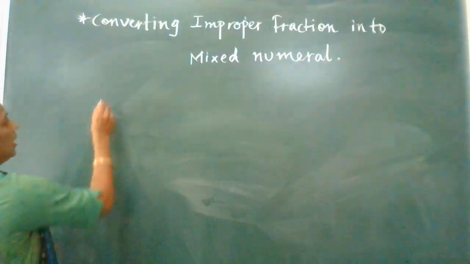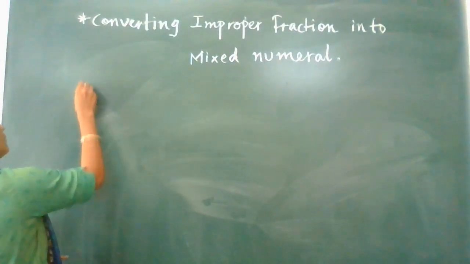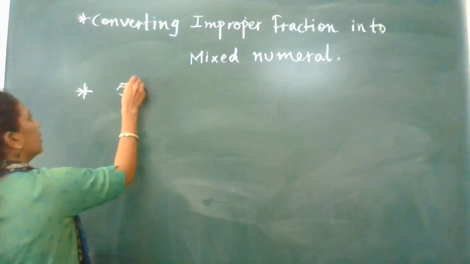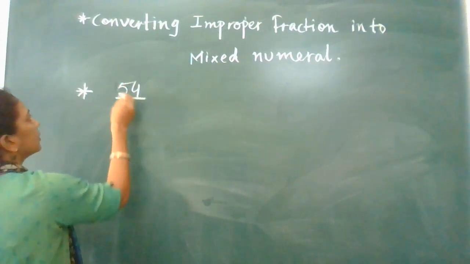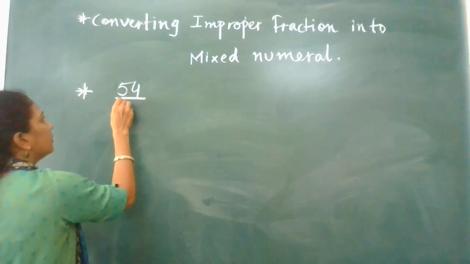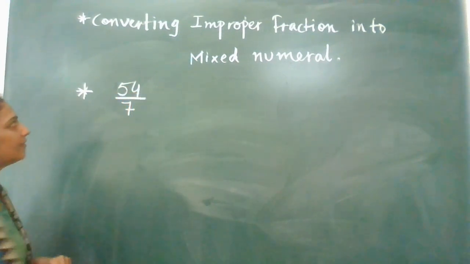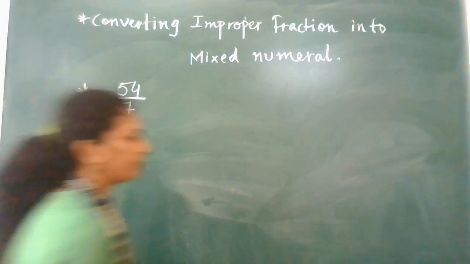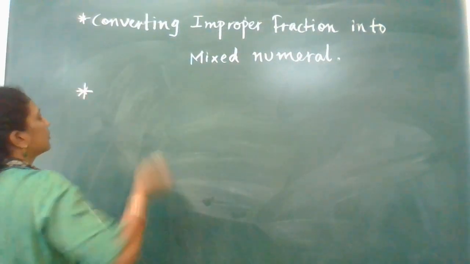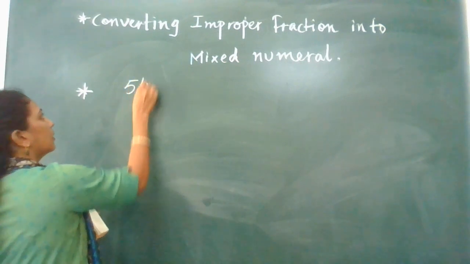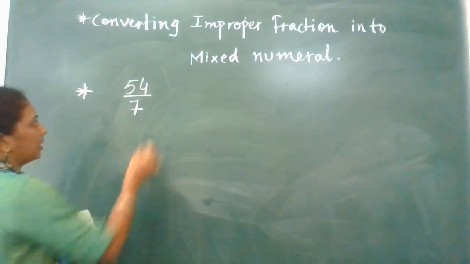Okay, so now suppose you have 54 upon 7.